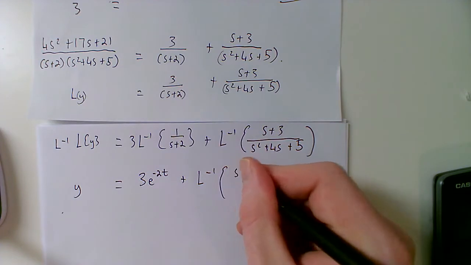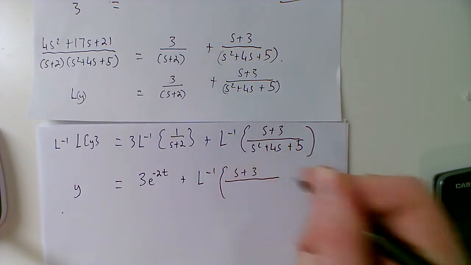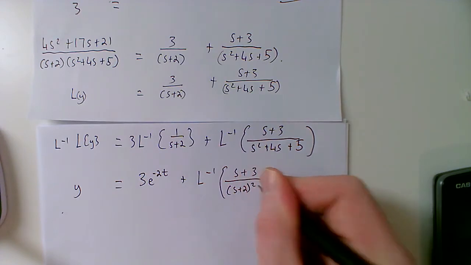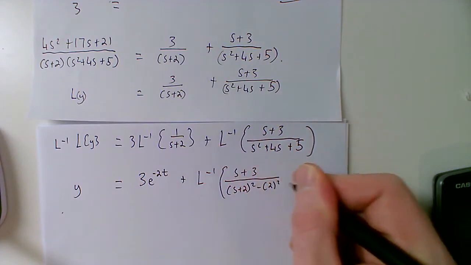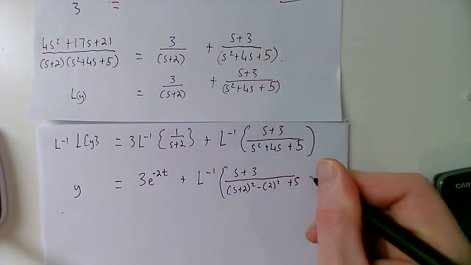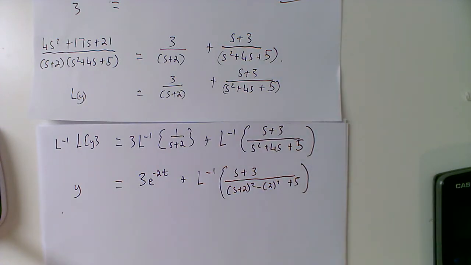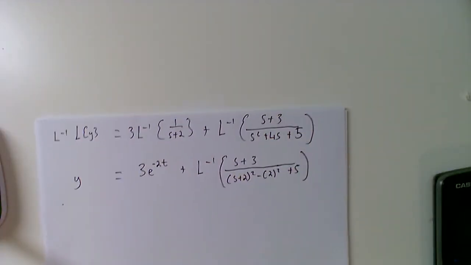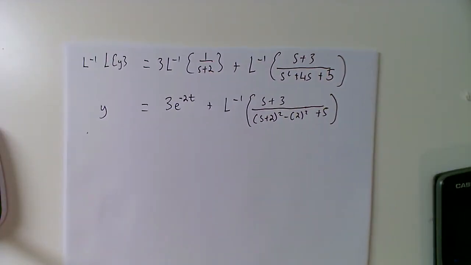So that's going to be s plus 3 all over, and I complete the square in here. So that's s plus 2 squared, take away 2 squared, plus 5. And if you can't remember completing the square, I did it about 2 or 3 lectures ago, so we're going to have a look at it.